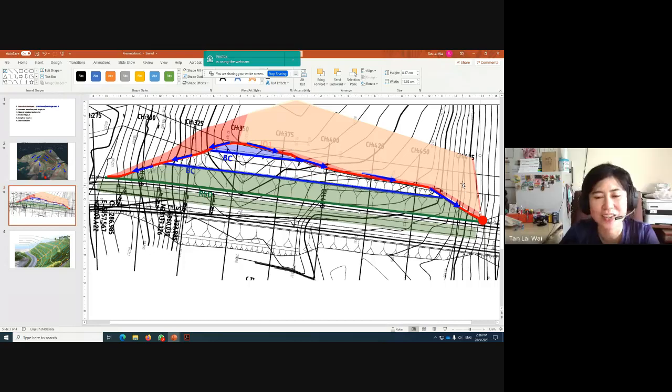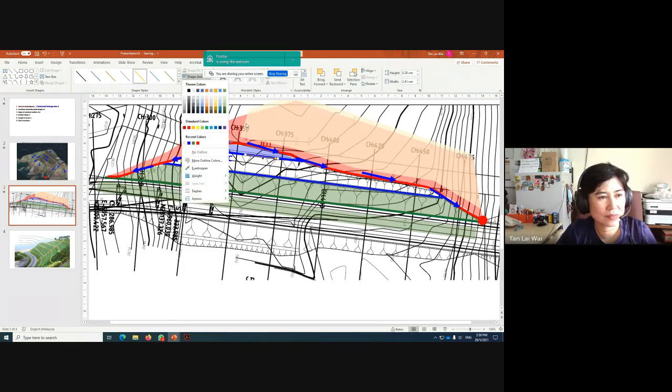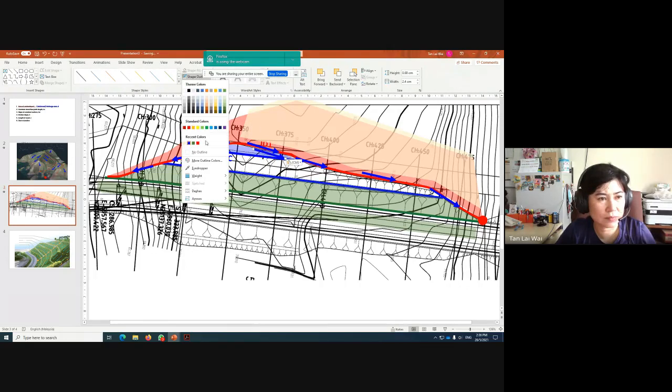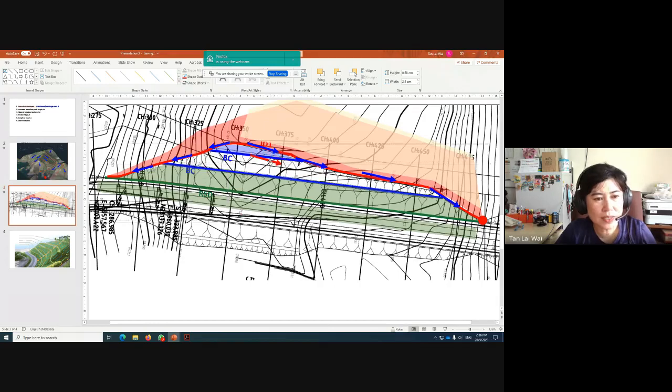Yes. Okay, great. So here's another thing that you need to consider. You see this bench drain?